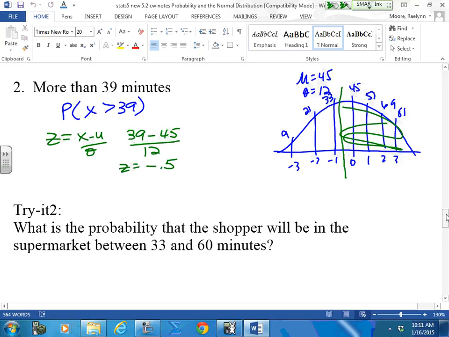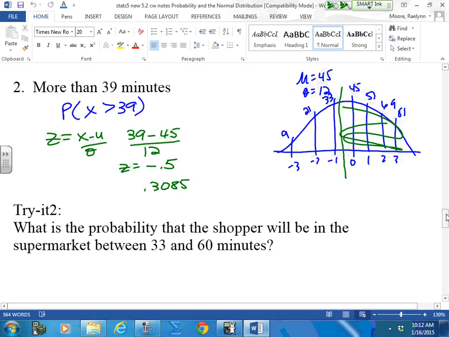Okay, now, what's my next step? Go to the chart. Find where negative 0.5 is. And what's your area for negative 0.5? But that's not greater than 50%, is it?